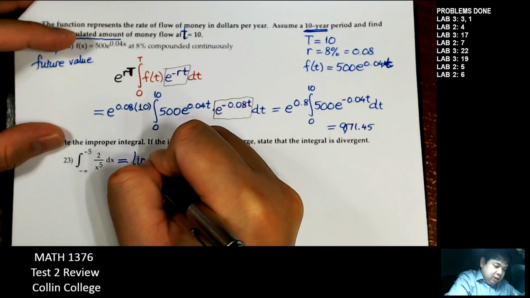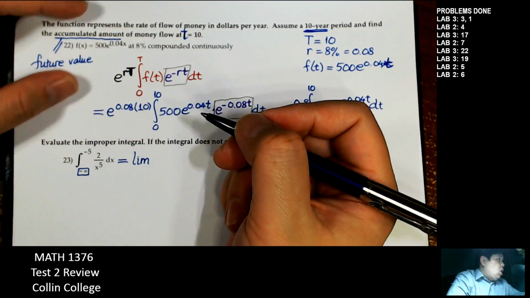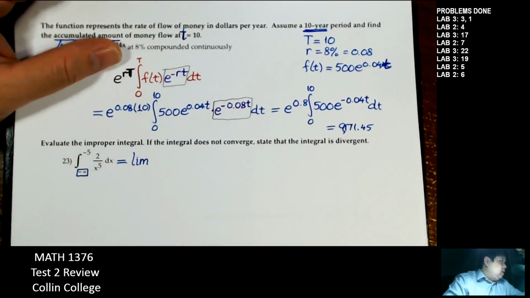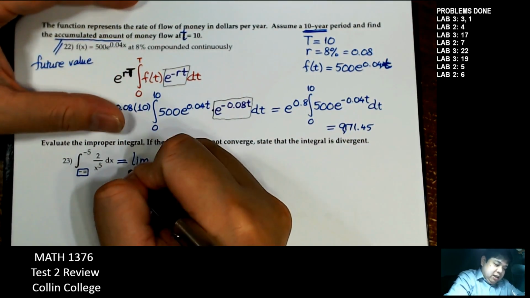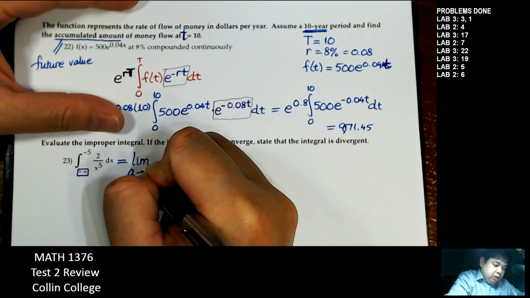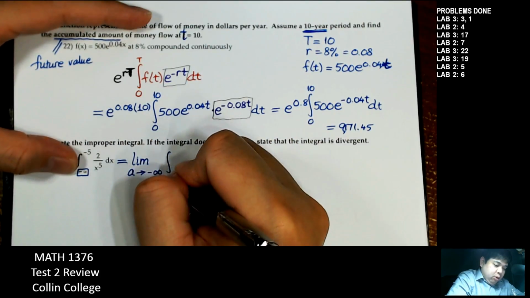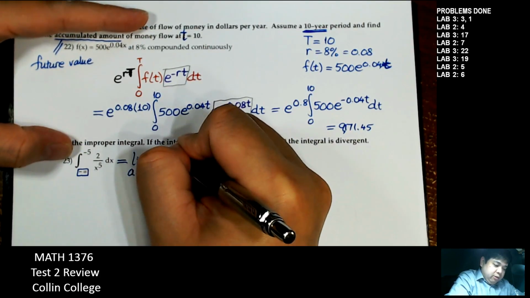So we have the limit. If it is a lower limit, we say it's going to be a. So we take a goes to negative infinity, and we go from a to negative 5.